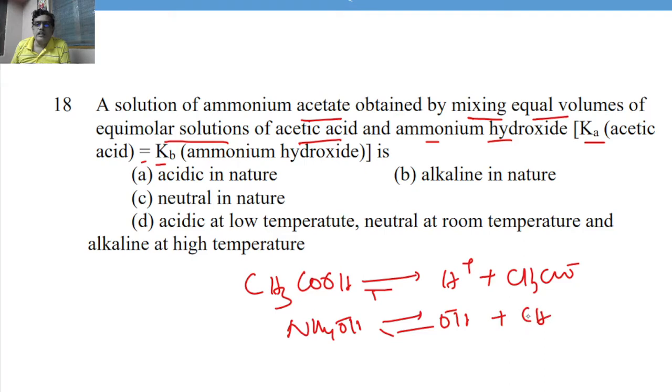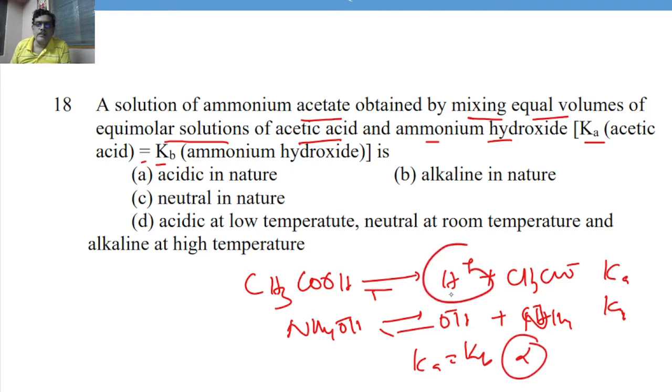The equilibrium constants for these equations are given as Ka and Kb, and Ka equals Kb. That means the degree of dissociation is the same. Therefore H plus and OH minus ions are the same. Therefore the solution will be neutral in nature. So pH will be nearly equal to 7.